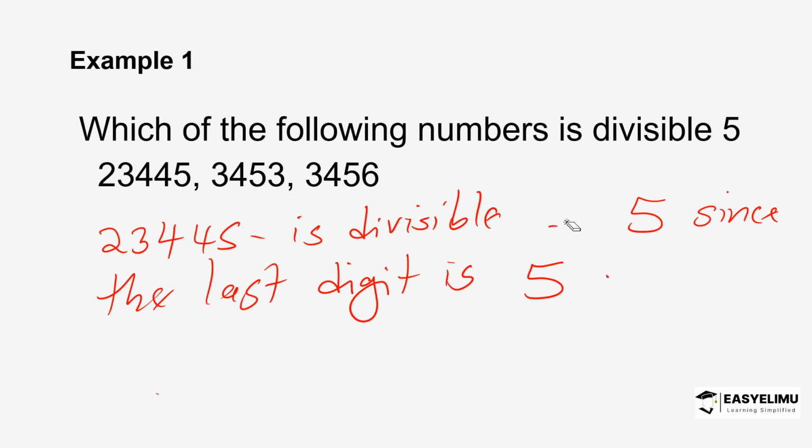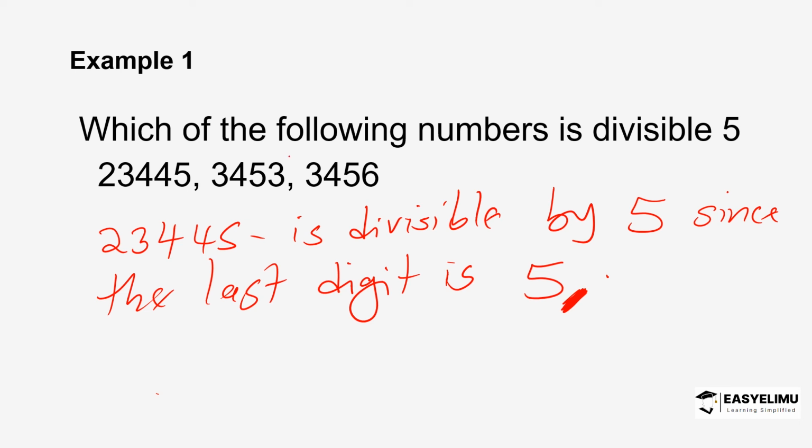So the number is divisible by 5 since the last digit is 5. Remember, this is one of the conditions. So you only need to restate the condition. The condition is that the last digit should either be a 0 or a 5. So the fact that it is a 5, we're able to conclude that the number is divisible by 5.